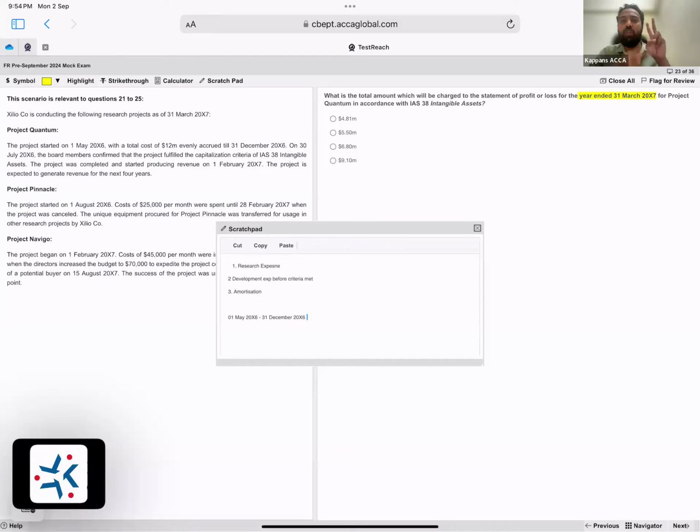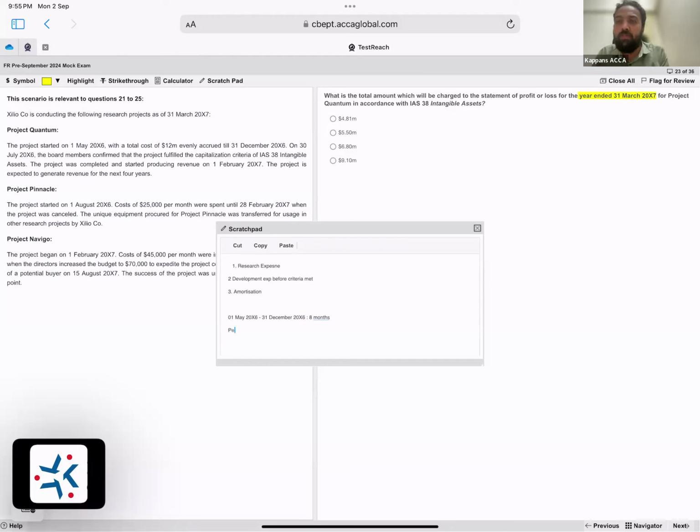May, June, July, August, September, October, November, and December. There are basically 8 months. 8 months. So 12 million has been incurred from 1st May to 31st December X6, 8 months.